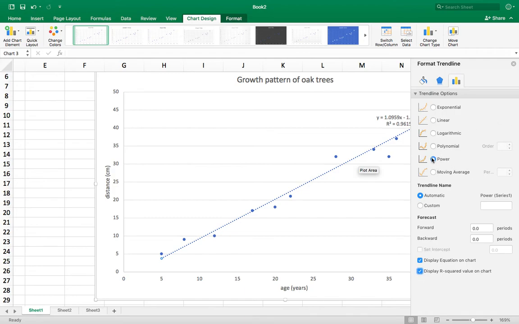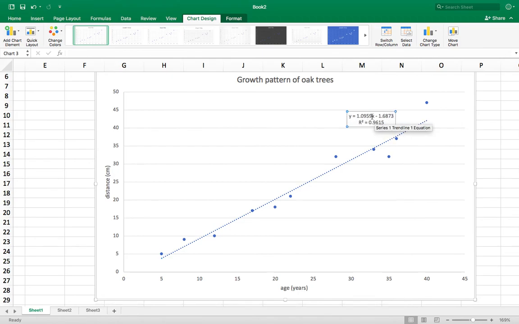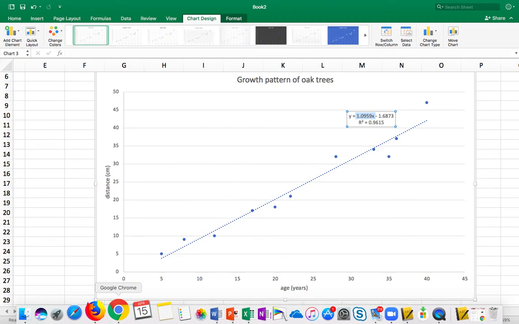Then we have to pick something else. In this case we are picking linear because the question is asking us to, and now we have the equation. You'll see here 1.0959x. The 1.0959 is the slope, and the negative 1.6873 is the y-intercept.